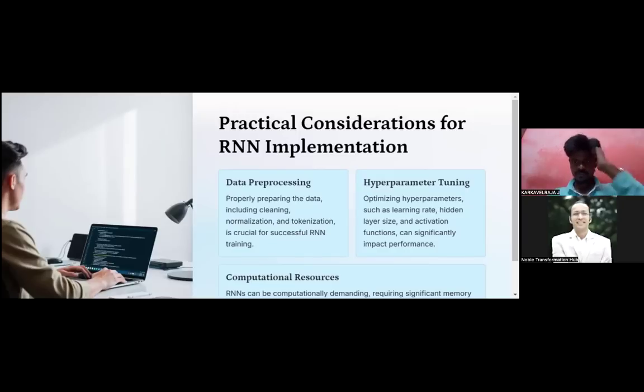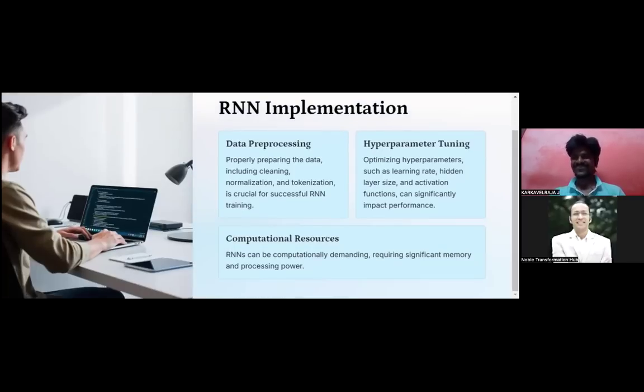You need GPUs and compute power, which is very important for implementation, because you have millions and billions of data points for processing and making world-class models. Anybody can create models, guys.